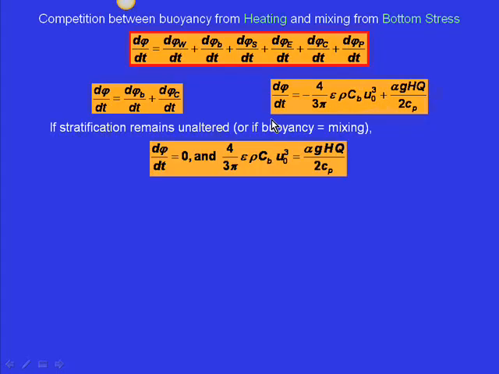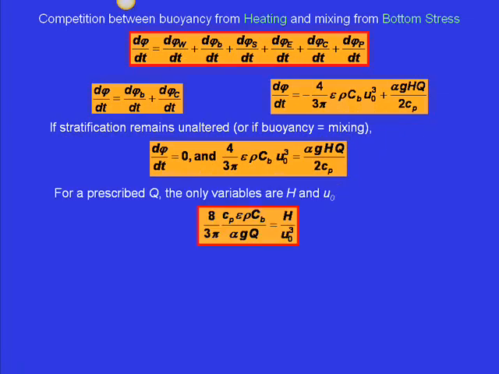So if there's no change in stratification, in other words, if buoyancy equals mixing, then d phi dt equals 0, and then these two equal each other. Right? And you can play around with some parameters to find out that the parameter h over u cubed, where u is the amplitude of the tidal current, is going to be equal to that.